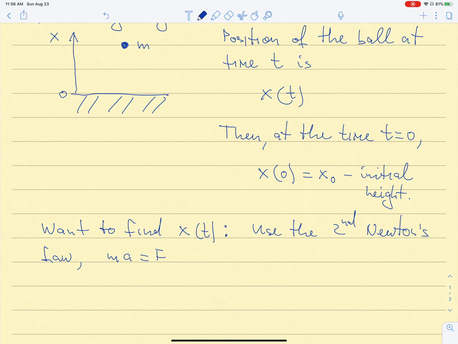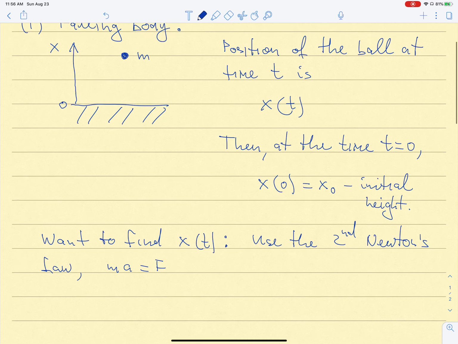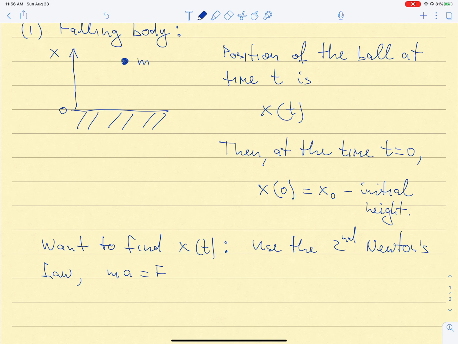Okay, so what do we know in this case? We know that the only force that acts on the body, in fact, we're going to make an assumption, assume that there is no air resistance in this case. And so then the only force that acts upon the body is a gravity force, mass times gravitational acceleration. And so then, what do we know?